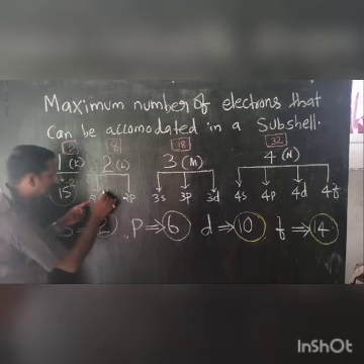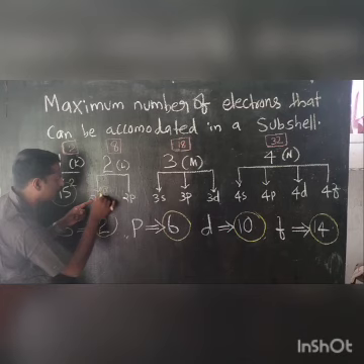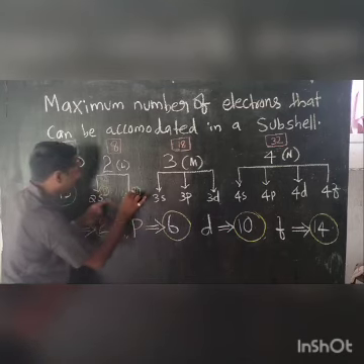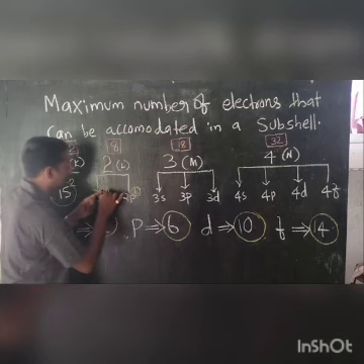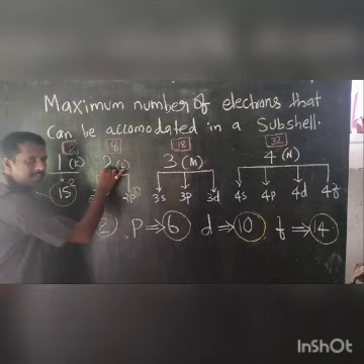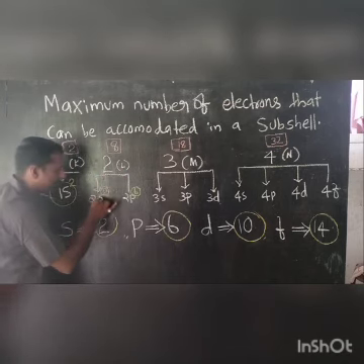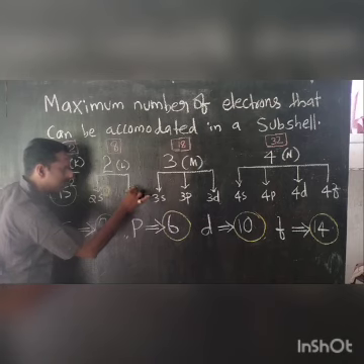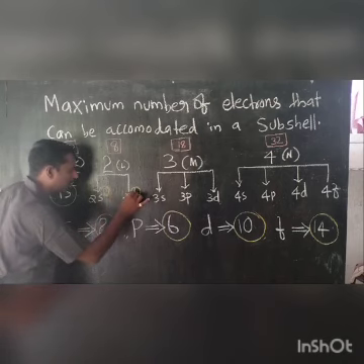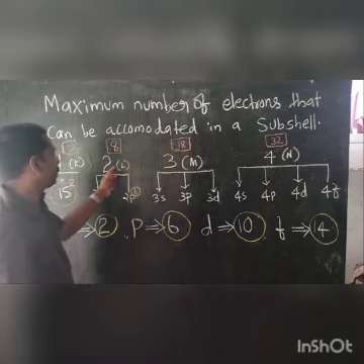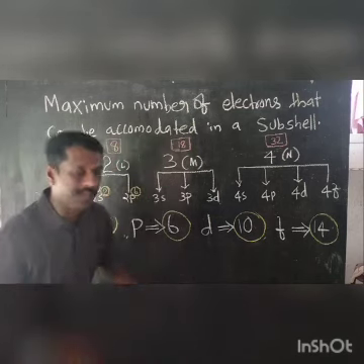In the S subshell, the maximum number of electrons is 2, and in the P subshell it is 6, and the total in the second shell, 2 plus 6, is 8. That is correct.